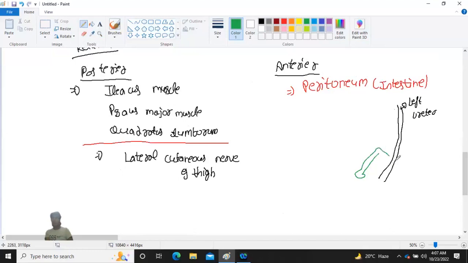It is like an inverted V. This is sigmoid mesocolon, in front for the sigmoid colon.